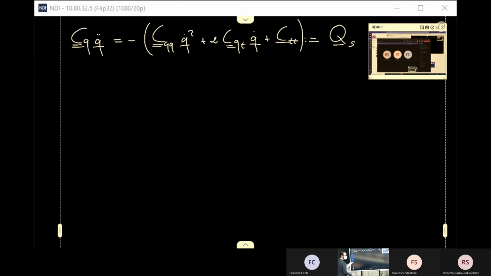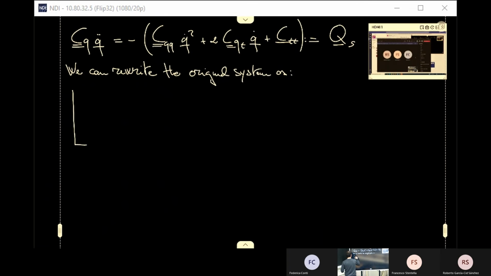Why did we do all of this? Because now we can rewrite the original system as follows. The mass matrix, C_q transposed, C_q, 0.